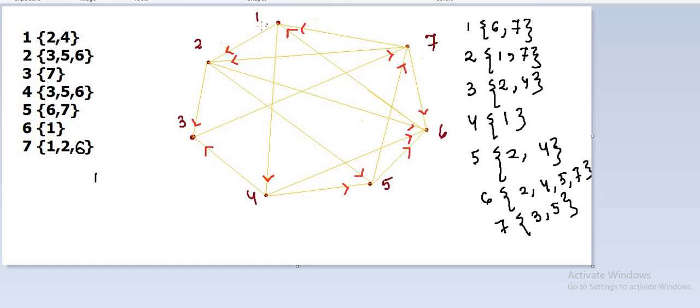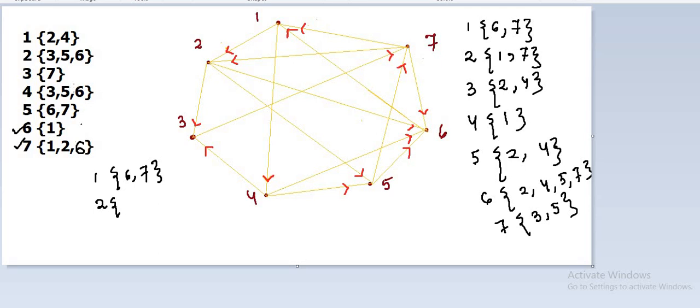Suppose I have considered 1. You see which vertices get connected to 1. 2 is not getting connected, 3 is not, 4 is not, 5 is not. But 6 and 7 are getting connected. So the incoming edges will be 6 and 7. In an examination, it may not be possible to create this graph and then verify, so use the data which is given to you.